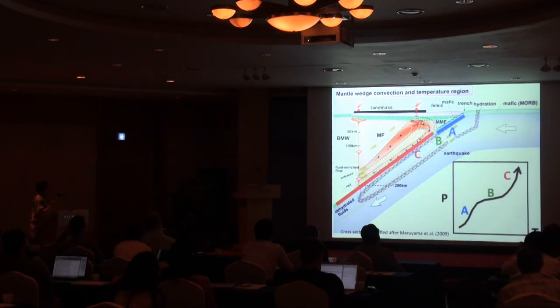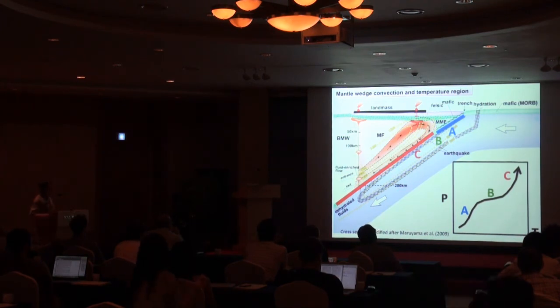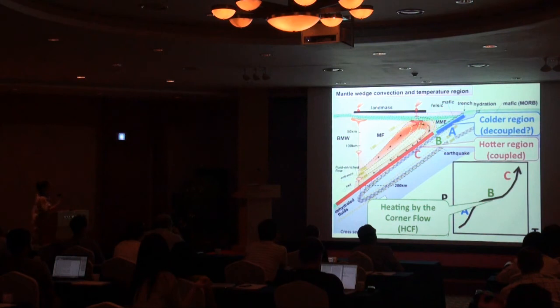And this is an interpretation. The signature of the curve corresponds to the subduction zone parts A, B, and C, and these correspond to the A, B, C parts of the PT diagram. A corresponds to the colder region, where the subducting slab and the mantle wedge material are decoupled or partly coupled.